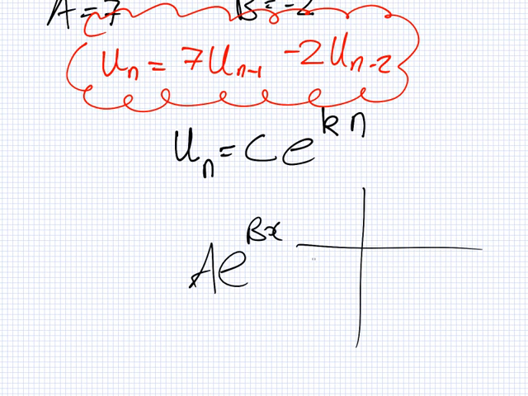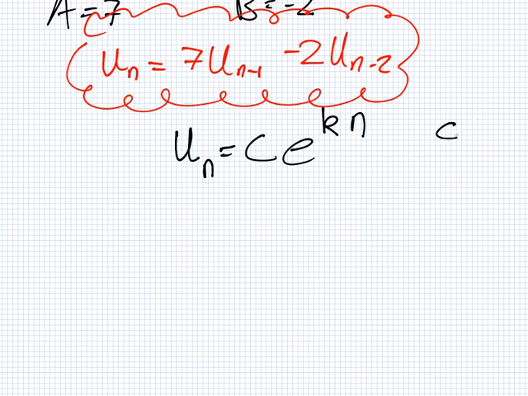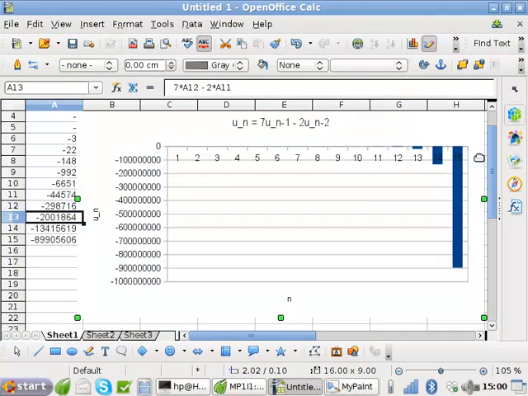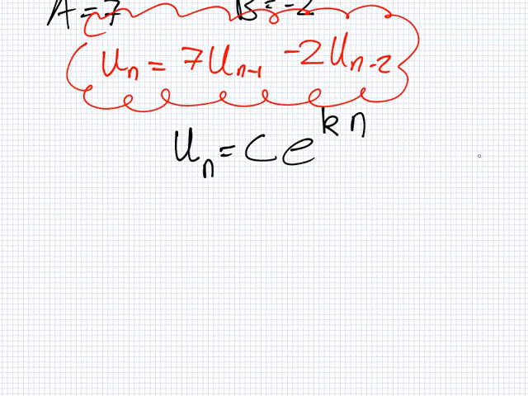If the graph is kind of going like this, that's when the A is negative and the B is positive. So I'm thinking, maybe I can try something like this, and I think maybe the C will be negative and the k will be positive, from looking at the shape. So this is the motivation for making this choice, because the graph looks like this type of shape.